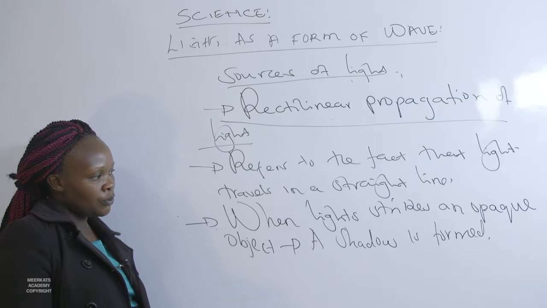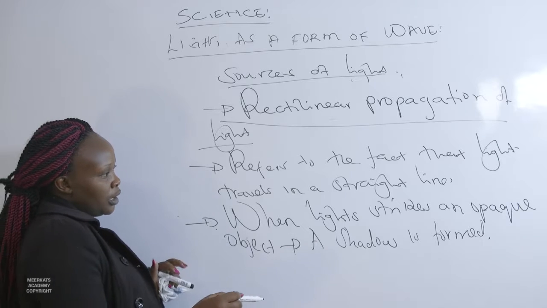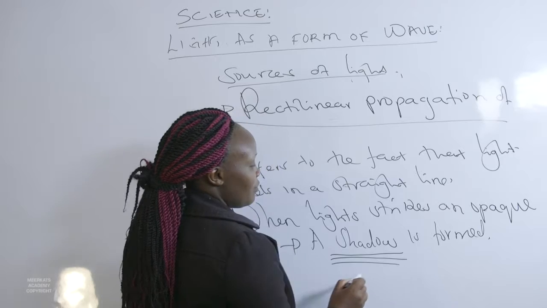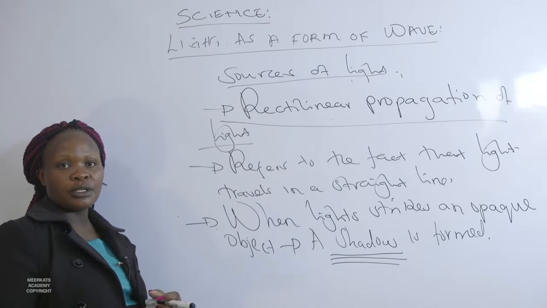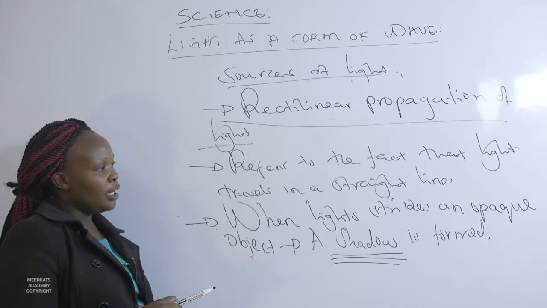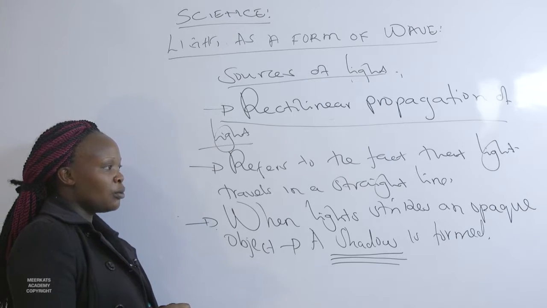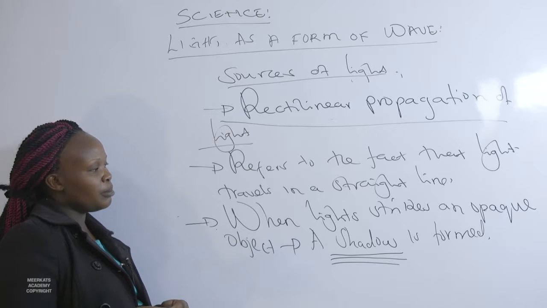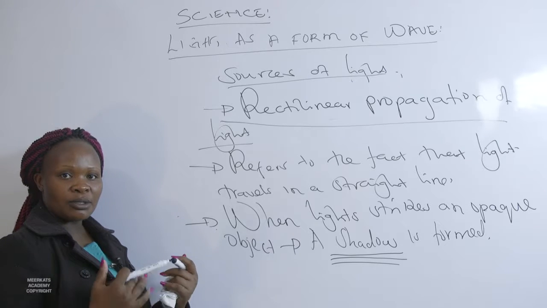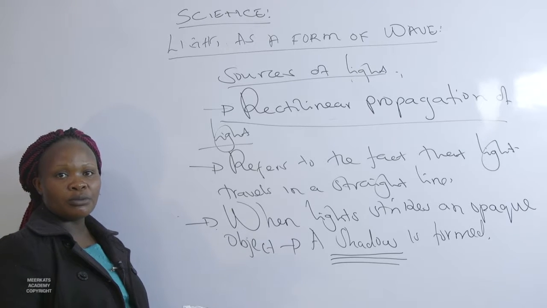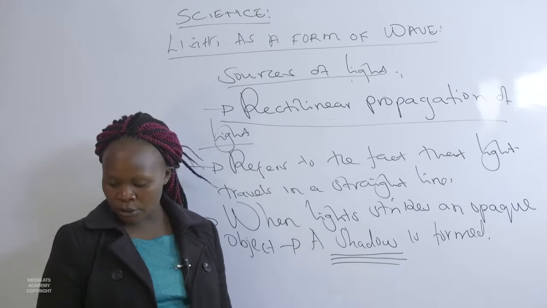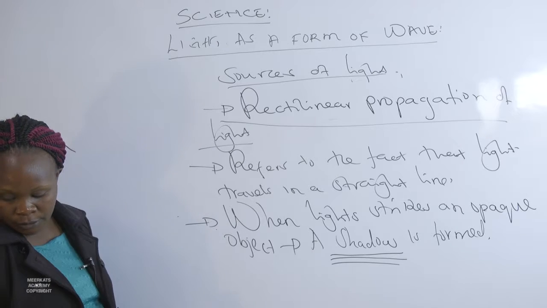Now, therefore, a shadow is actually a phenomenon that has been used to explain the fact that light travels in a straight line, and that when it is obscured, or when the path of light is obscured by placing an obstacle in form of an opaque object on its path, that is when a shadow is going to be formed.